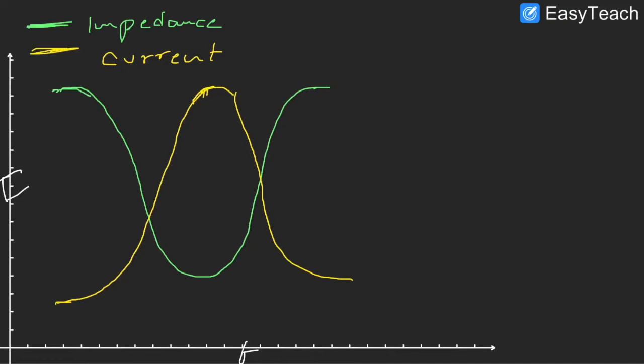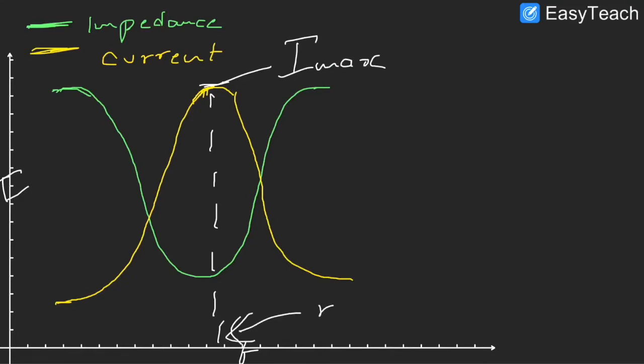Now this one particular frequency where current is maximum is called the resonant frequency, and resonance is said to occur.